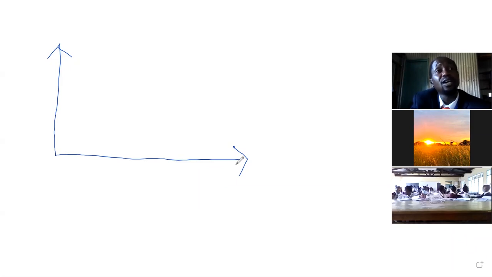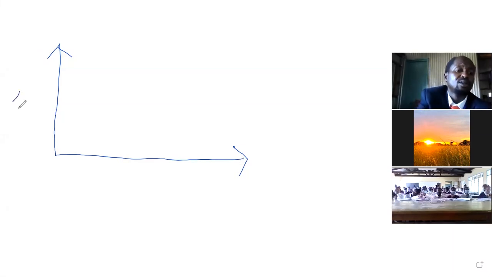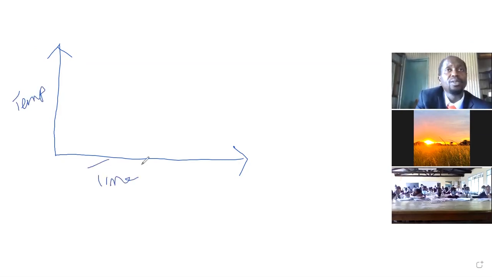So other free marks are found in the graphs, and graphs are marked as follows. If you are asked to plot a graph of temperature against time, there are 4 marking points under graphs.